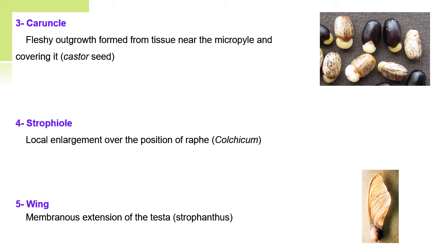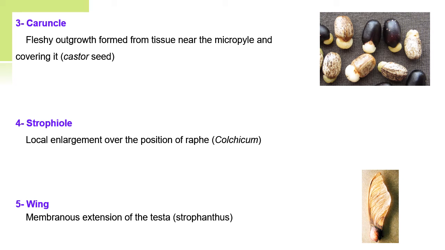The third outgrowth is the caruncle, which is a fleshy outgrowth formed from the tissues near the micropyle and covering it. So this outgrowth surrounds the micropyle and covers it, as in castor seed.